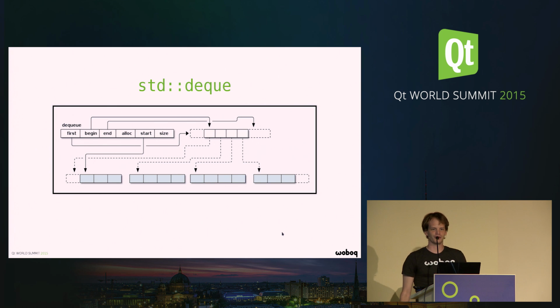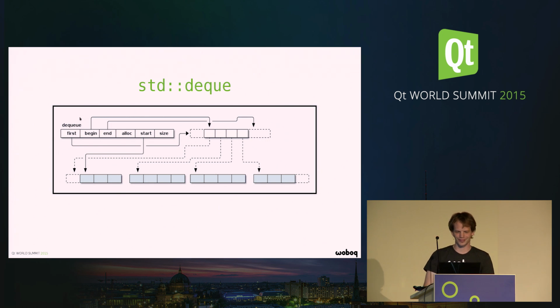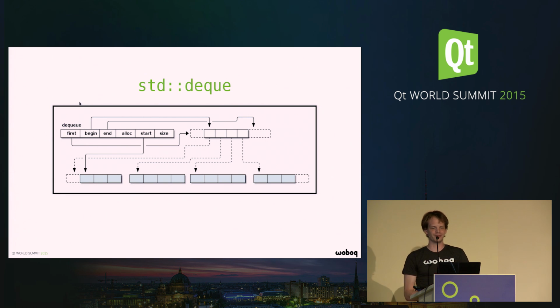std::deque, so it's written deque. Oh, I made a spelling mistake somewhere in the slides, but it's called std::deque. It's not DQ, it stands for double-ended queue. And this has the same purpose as the QList, to be fast to insert at the beginning and at the end.